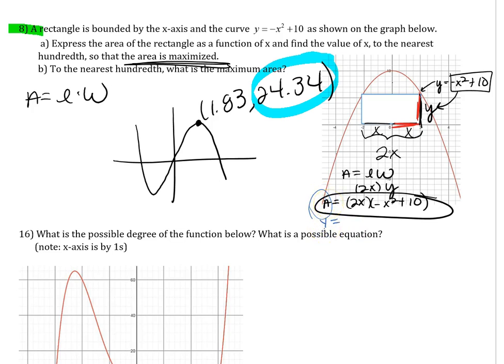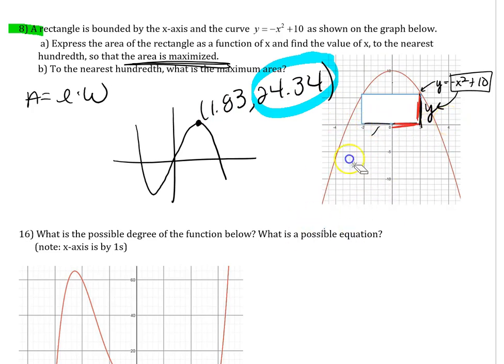So keep in mind what this means: if you want to create the biggest rectangle you can under this parabola bounded with the x-axis, let me erase all this for a second, you would have to go out about 1.83.